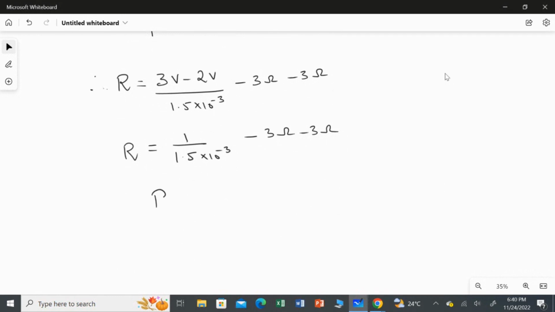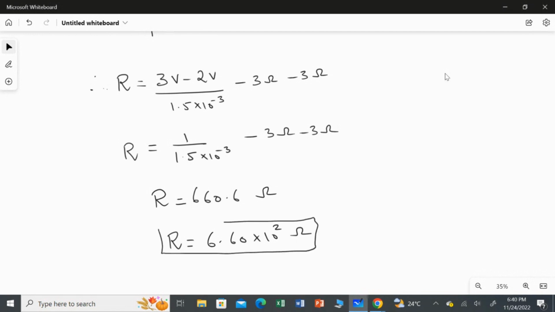What's the answer for the external resistance? The external resistance value is 660.6 ohm, right? So I can write this value as 6.60 multiplied by 10 power 2 ohm. So this is the answer for the first question.